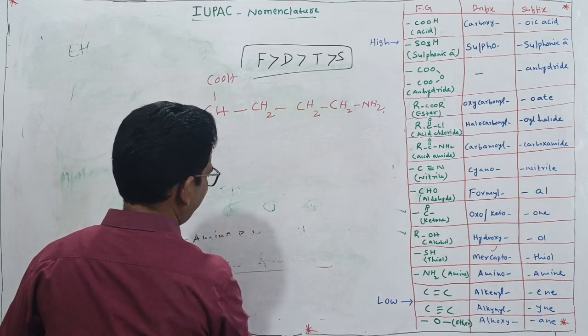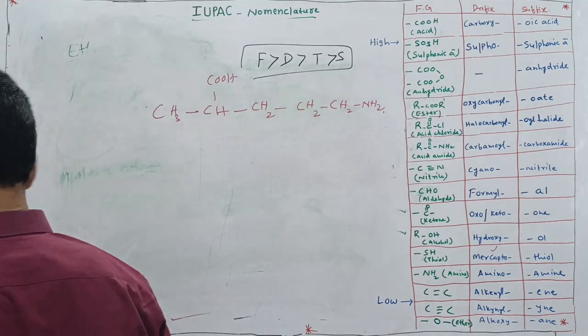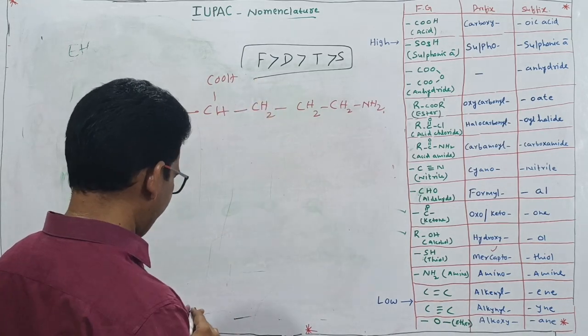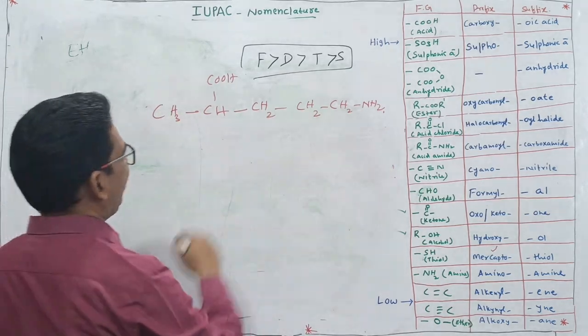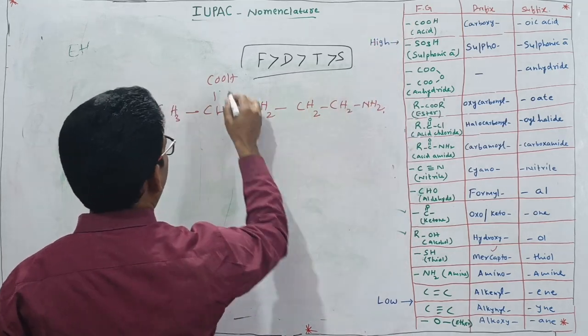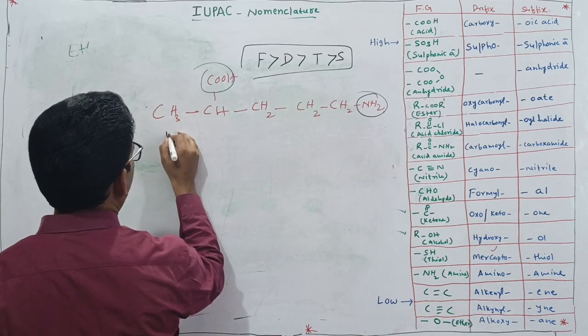This is more confusing. It is a little difficult one. But follow this one only. The group which has more priority: acid is there, amine is there. Acid will come first, more prior than the amine. That's why I have to start numbering from here.